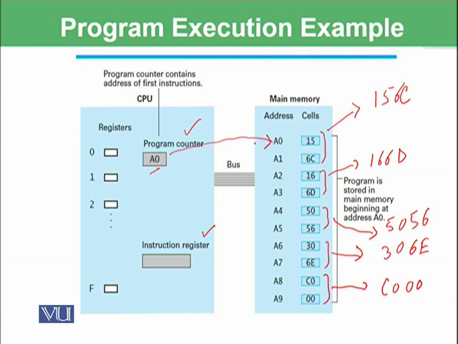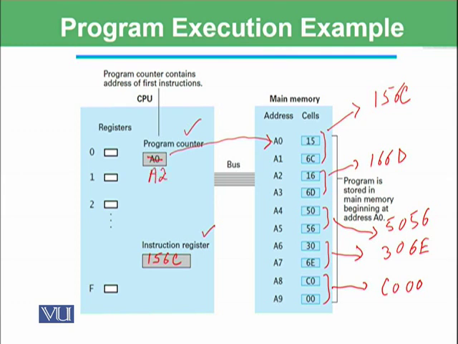As soon as this instruction is fetched, in the instruction register we will have 156C. As soon as this is fetched, the content of the program counter will be changed from A0 to A2.